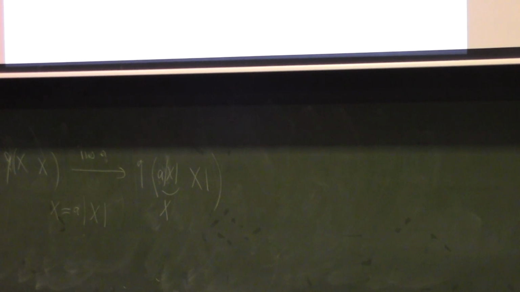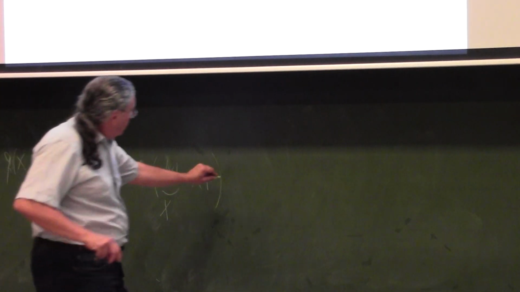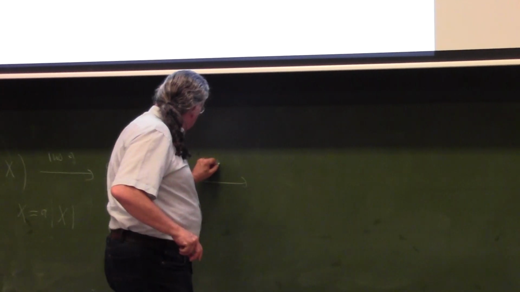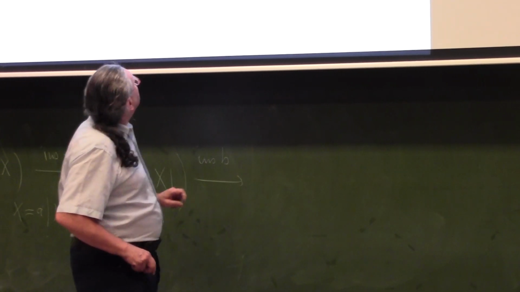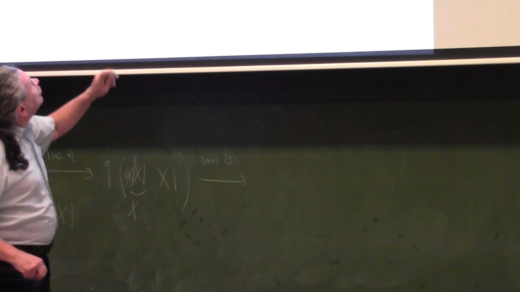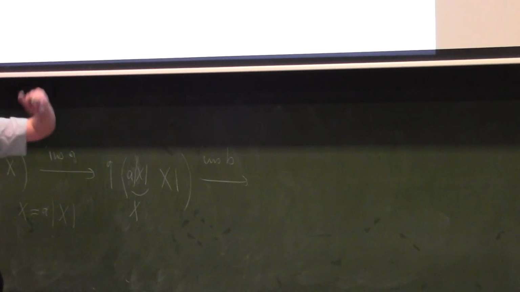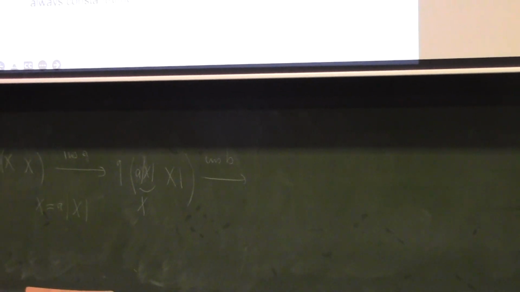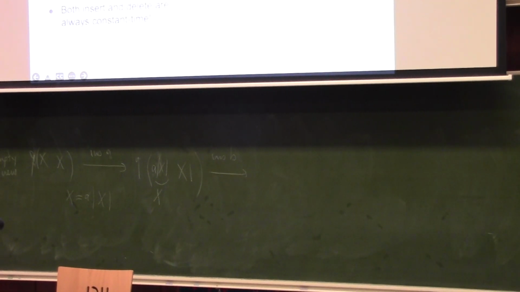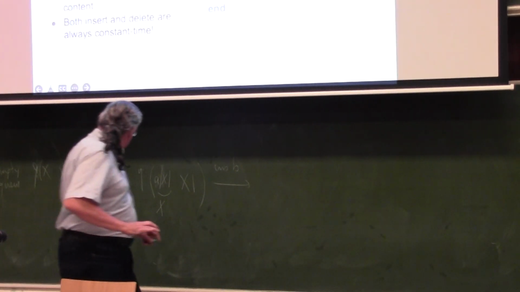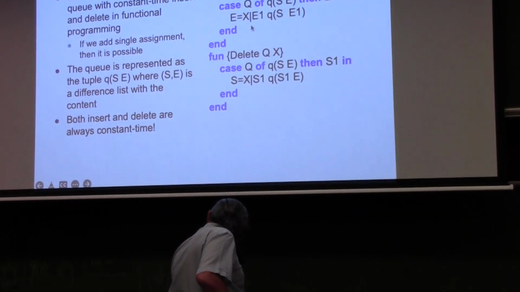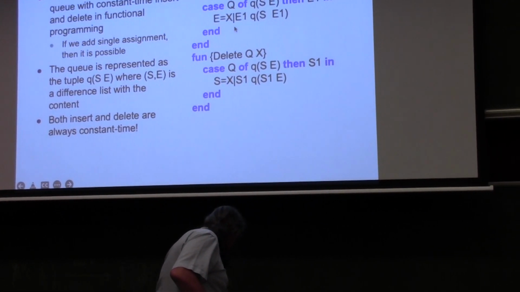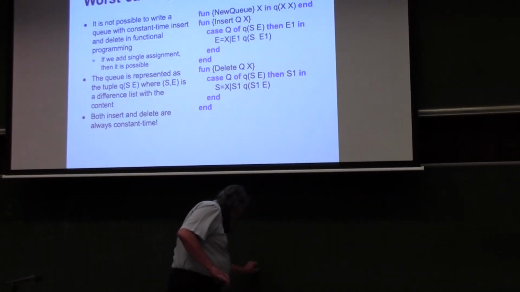If I do another insert, insert B, again I'm going to bind the end to the element followed by a new end. So I'm going to bind X1 to B X2.